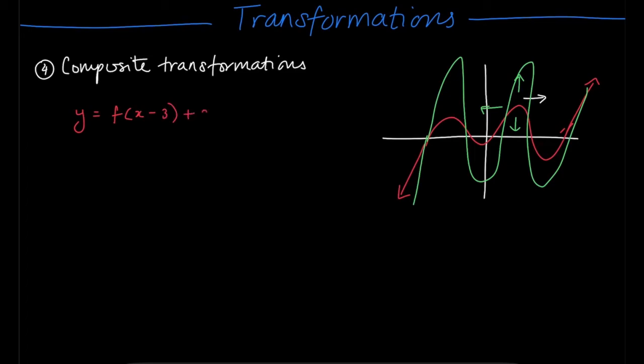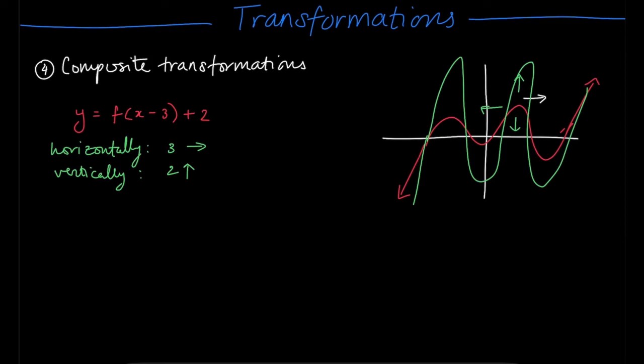So this way we have both translations, some units, A units horizontally and B units vertically. So horizontally we have 3 units to the right, and vertically we have 2 units upwards, right? So whatever this function would look like, we would just move it 3 units right and 2 units upwards.